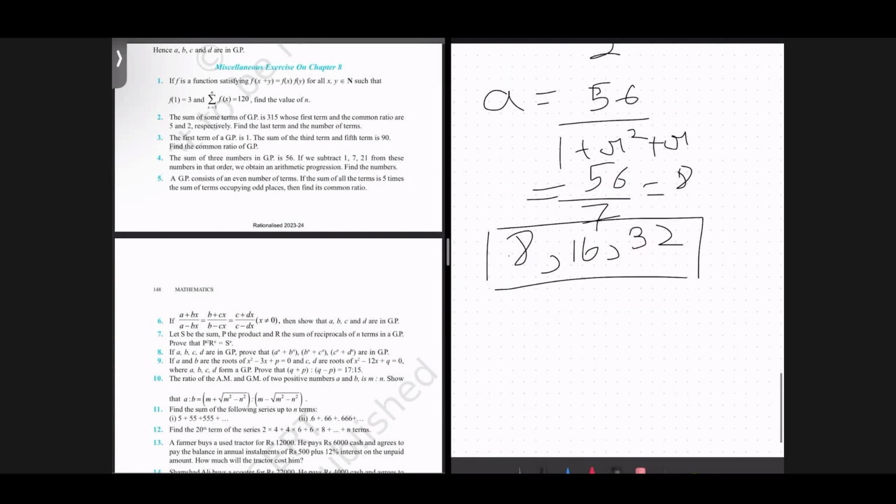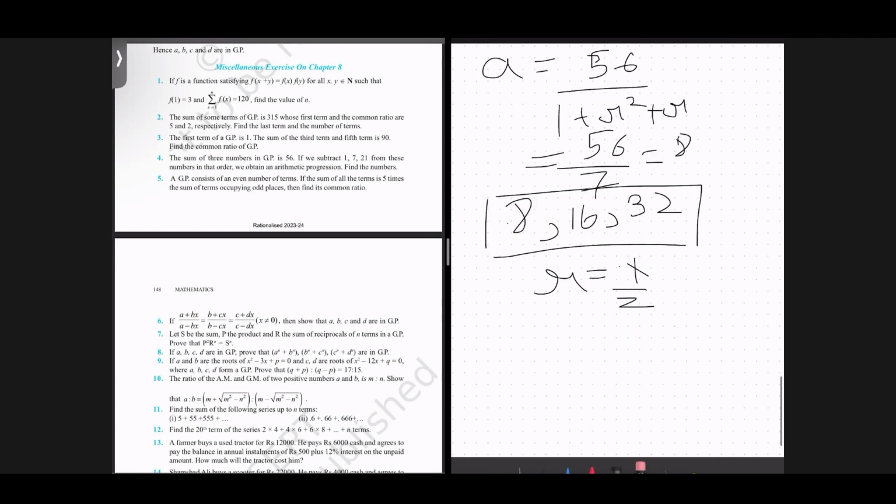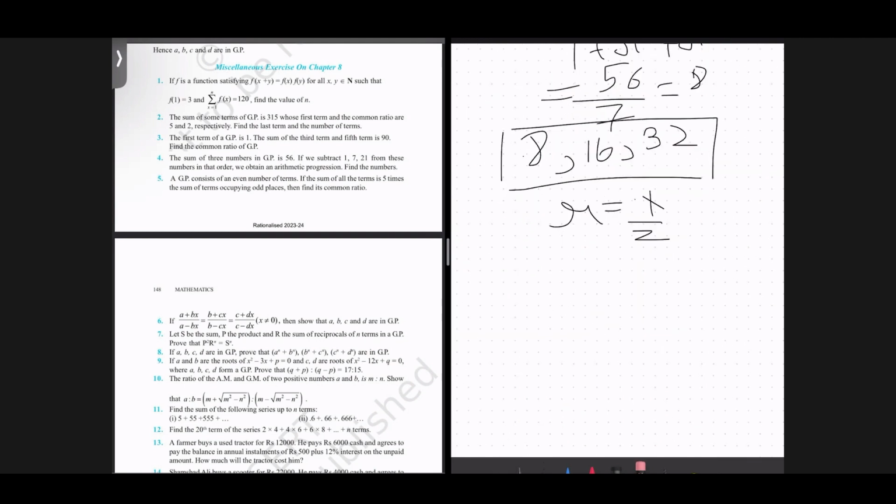Let's solve for R equals half. For that, your first term becomes A equals 56 upon 1 by 4 plus 1 by 2 plus 1. 8 is the common denominator right here.